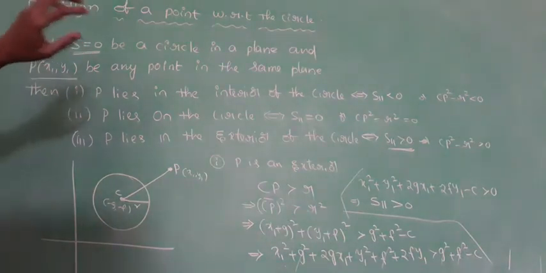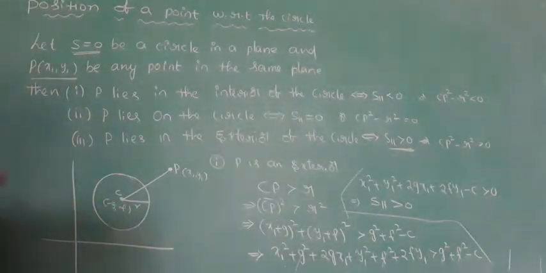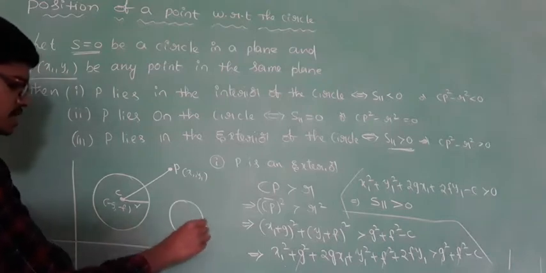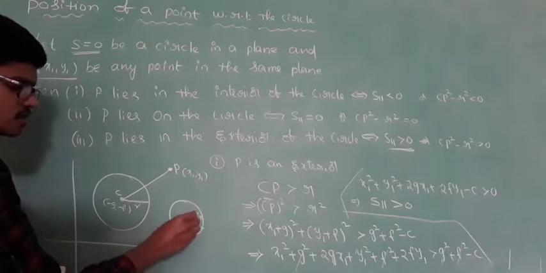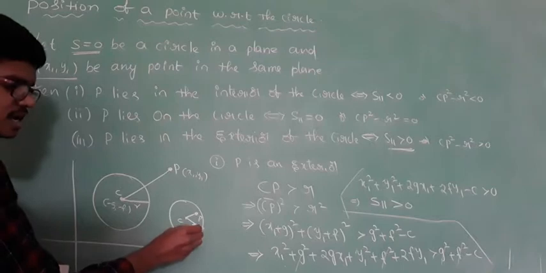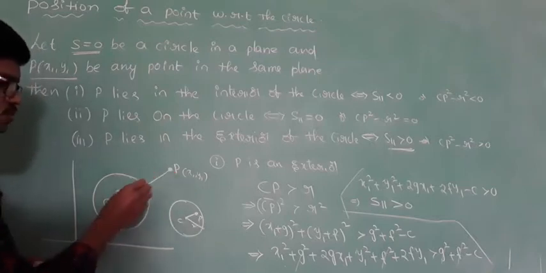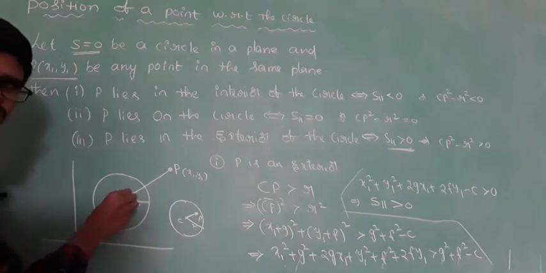If we want to find the position of a point, let us find the value of S11. If S11 is less than 0, then this point P is an interior point, that means CP is less than R. If P is an exterior point, then S11 is greater than 0.